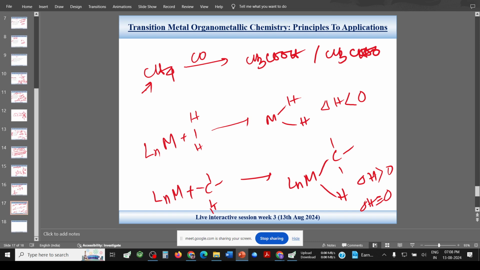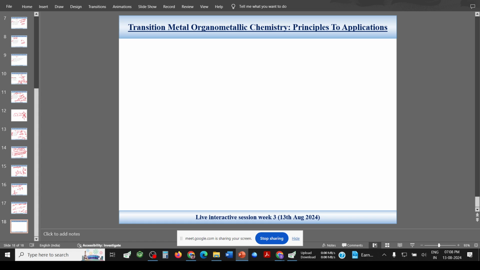CH activation is mainly functionalizing the CH bond in alkenes or hydrocarbons to give value added products. Today, as the last example, I will discuss intermolecular CH activation.